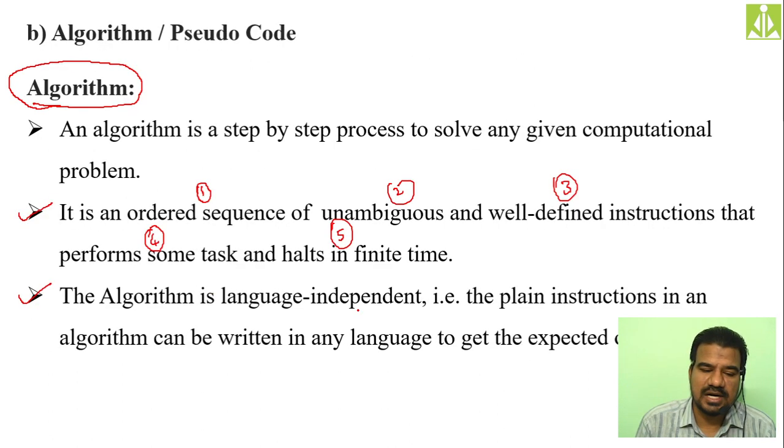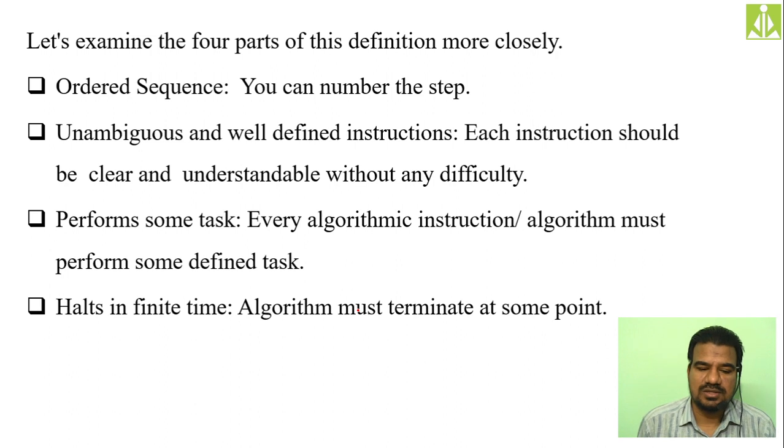So first we said ordered sequence. So the first point, our first technical term, we said ordered sequence. Okay, so all the steps, whatever you are writing in the algorithm, they must be numbered because according to the processing of those steps. So suppose if you are processing a particular step first, you number it as step 1.